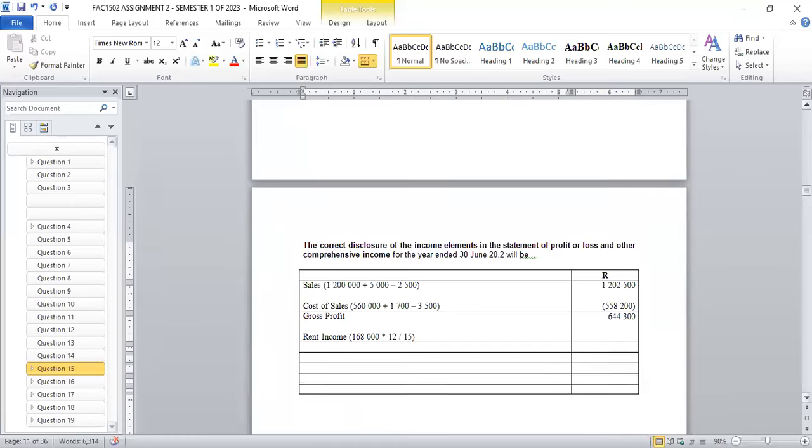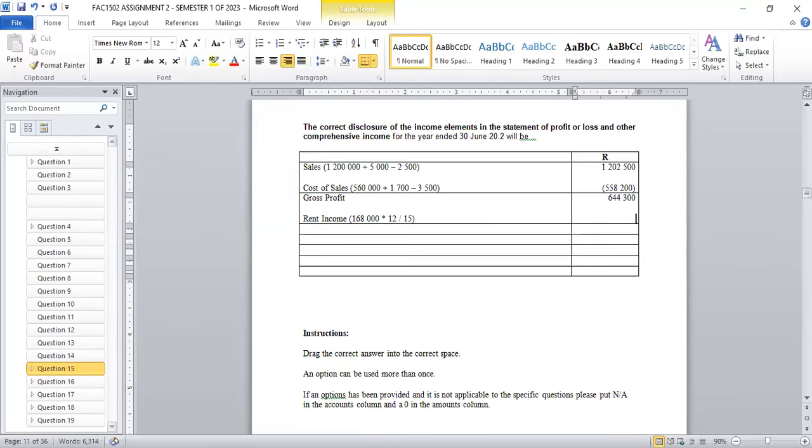What do we get? 134,400. Then can you add that to the 644 to get our gross income?